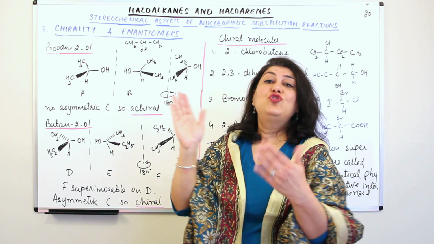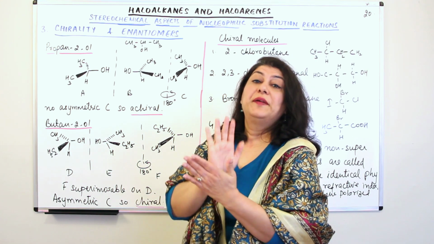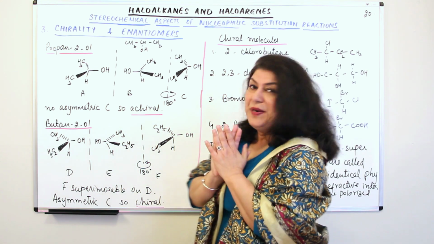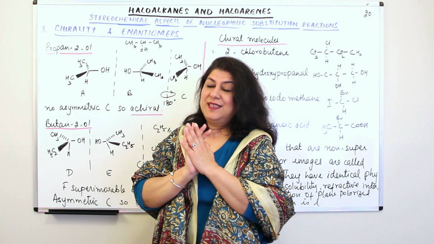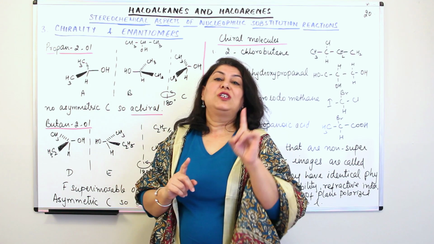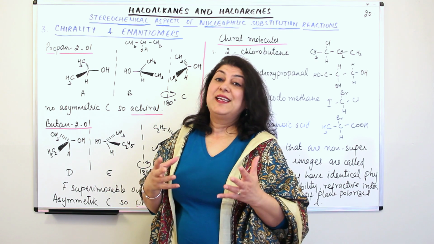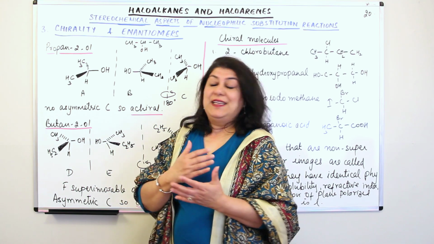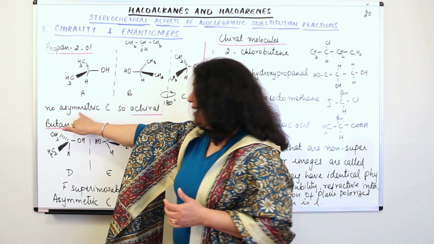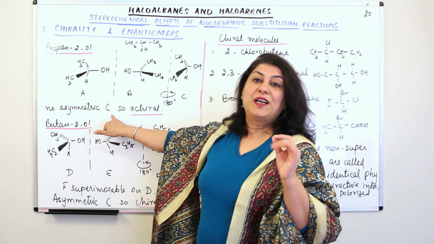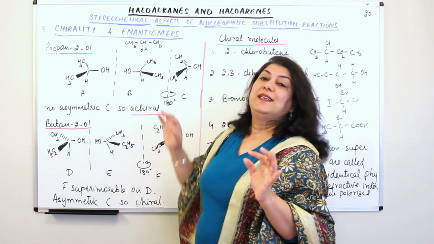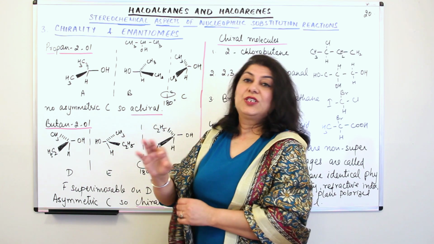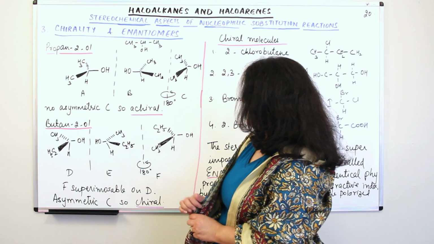So it is a superimposable mirror image. A superimposable mirror image means that this carbon is not asymmetrical. It has got symmetry in it. It is not asymmetric, and it does not have a chiral center, and therefore it is achiral. It is not a chiral molecule.